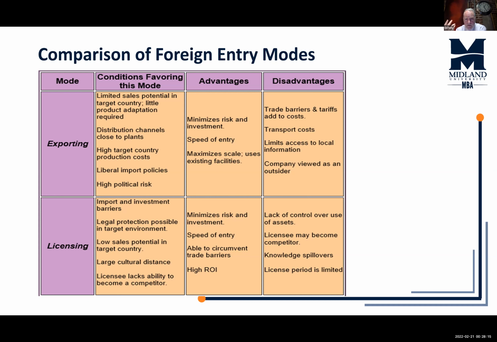What are some of the disadvantages? Well, if you have trade barriers and tariffs, then those add to the cost of the product coming from the United States going into the foreign country. Your transport costs may be high depending upon what it is that you're trying to sell. As well, what is your access to local information?